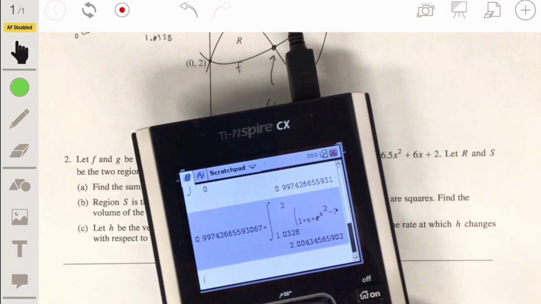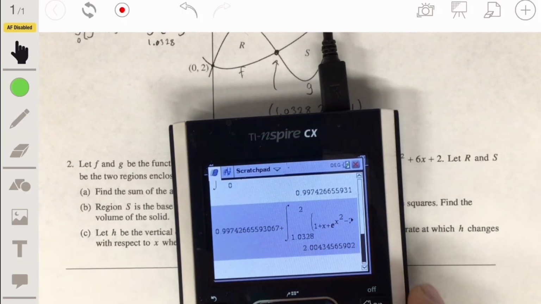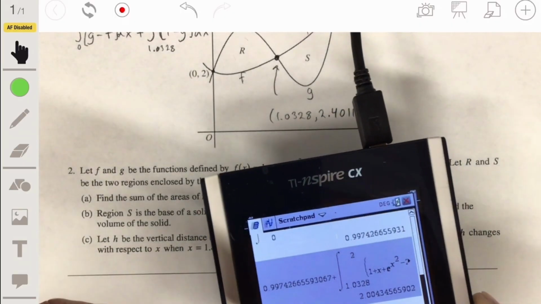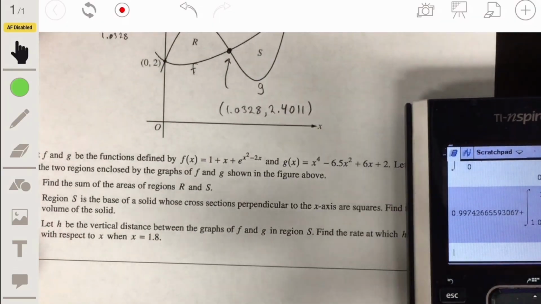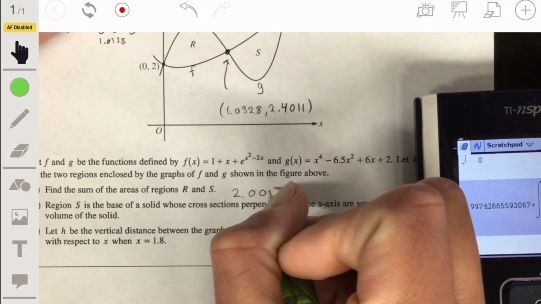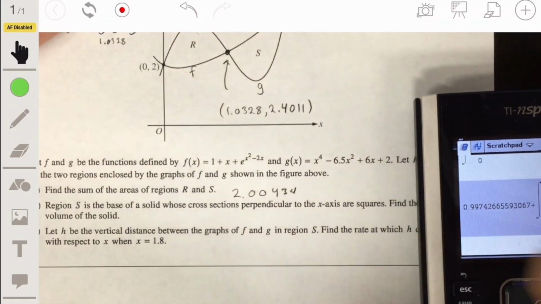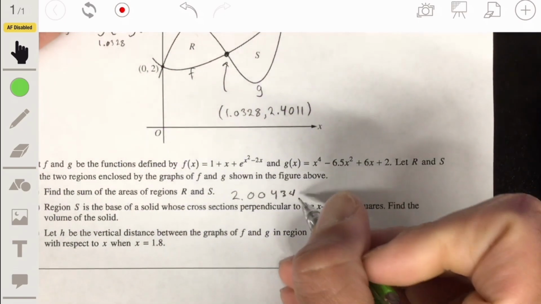All right, and then zooming ahead, you'll get right about above 2 if you did it correctly. I feel like sometimes the hardest part is typing it in correctly. But you should get about 2.00434. That's good enough.